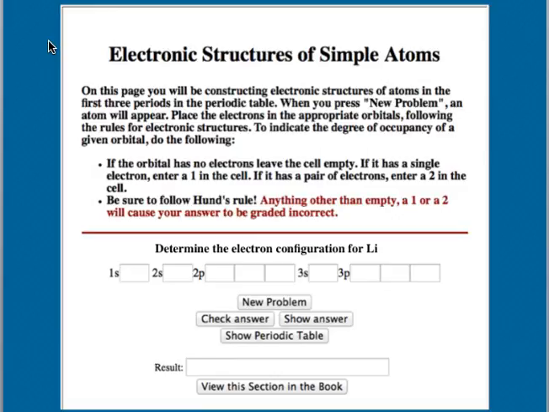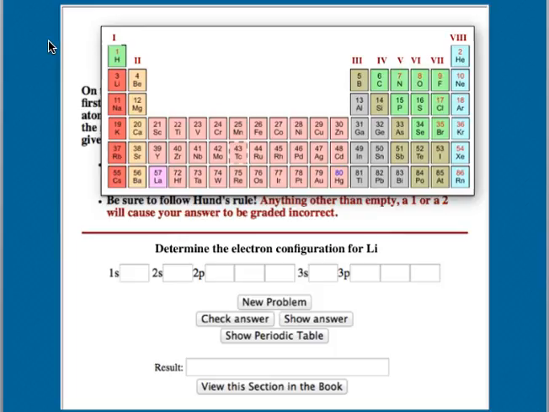Lithium. Find our lithium. Lithium is in group 1 in our second period. Now what that means is that the first period is full. So this is our 1s.